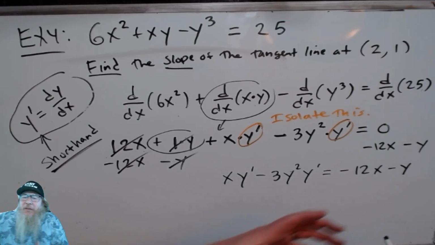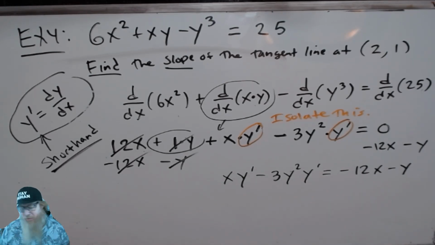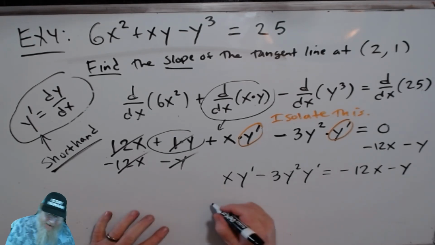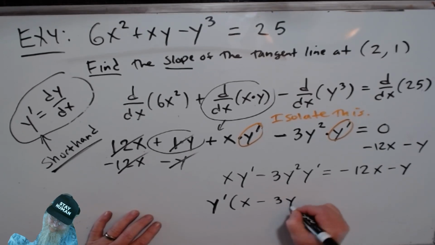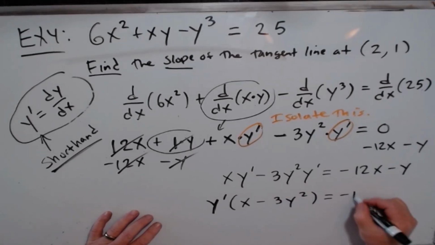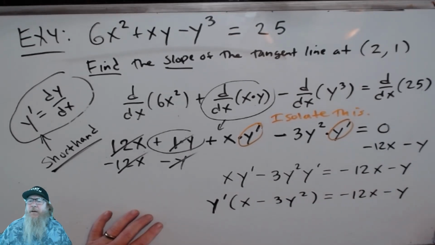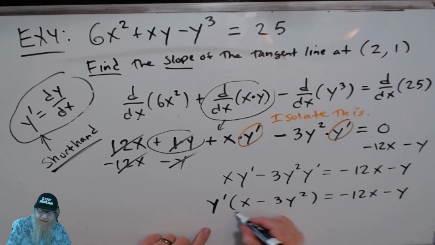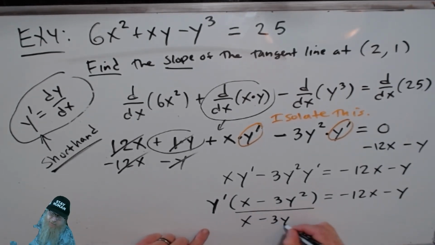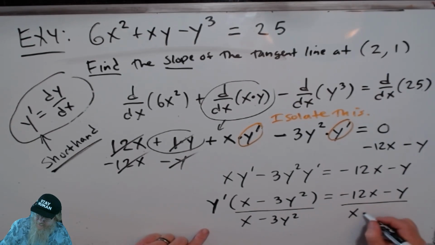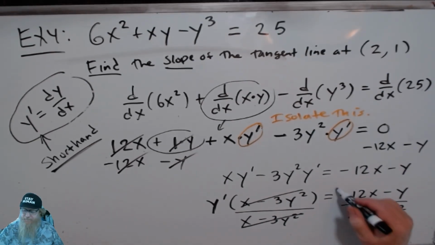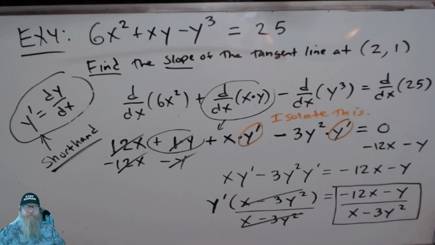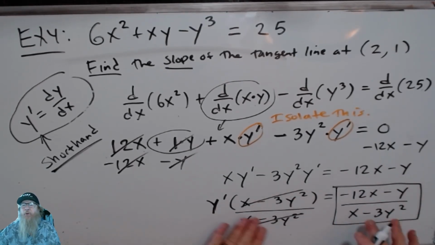Right? It's like holding 3 things that are very awkward. You end up dropping one of them. So factor out the y prime. And divide by x minus 3y squared. And that's it. That's your answer. Well, that's the answer for y prime.